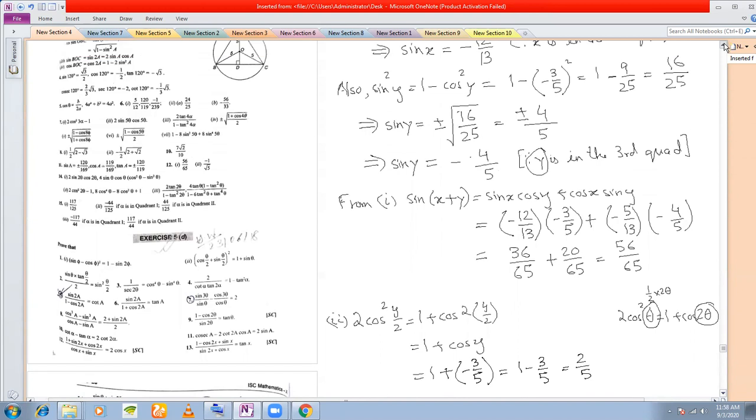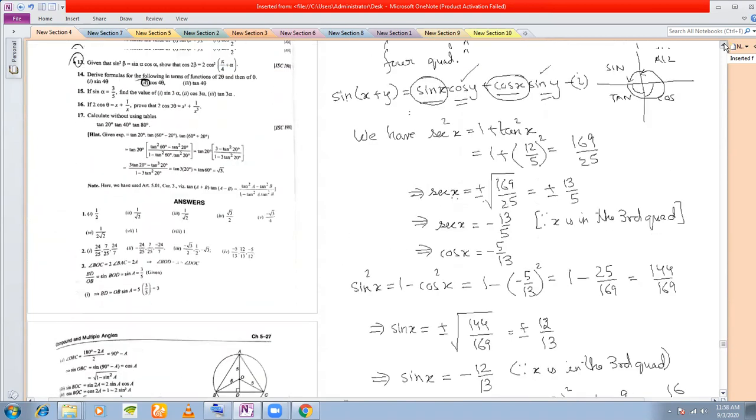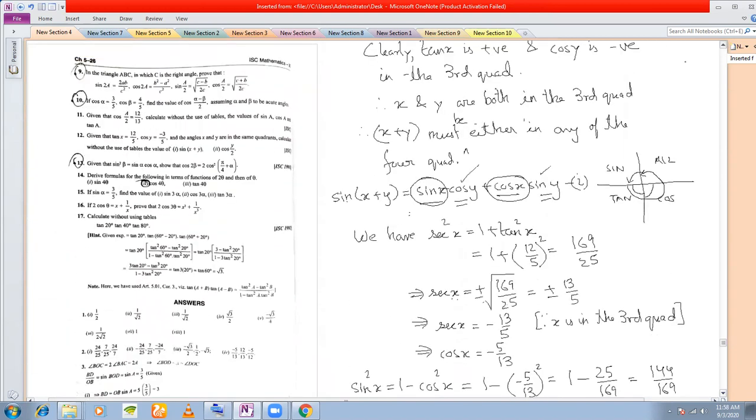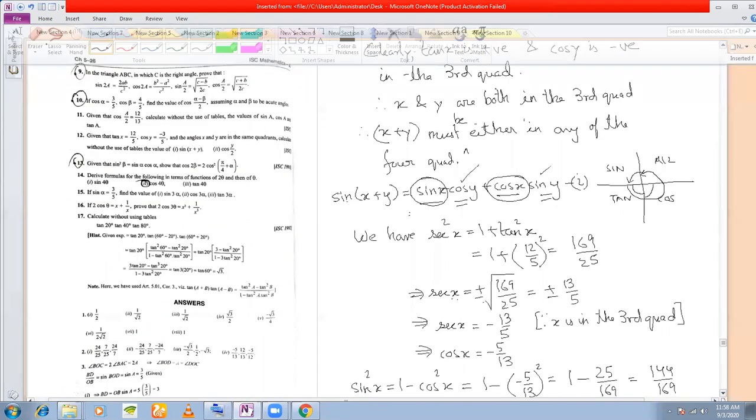Okay, next problem again from your examination, from your IC, is given sine square beta. Let me first erase this, then I'll write.